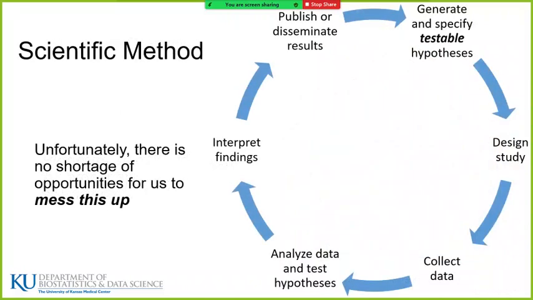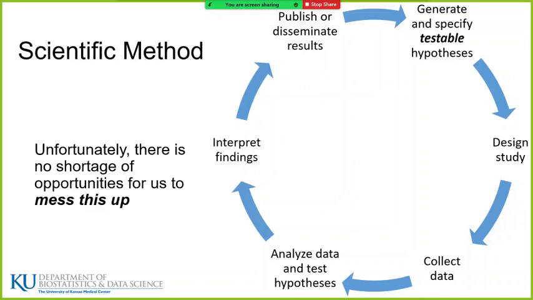One of the reasons why that might be could be that we're messing it up for ourselves. And there are no shortage of opportunities to do that. So what you see here on the right side of the screen is the scientific method as it pertains to clinical and translational research. We observe things occurring which generate testable hypotheses.